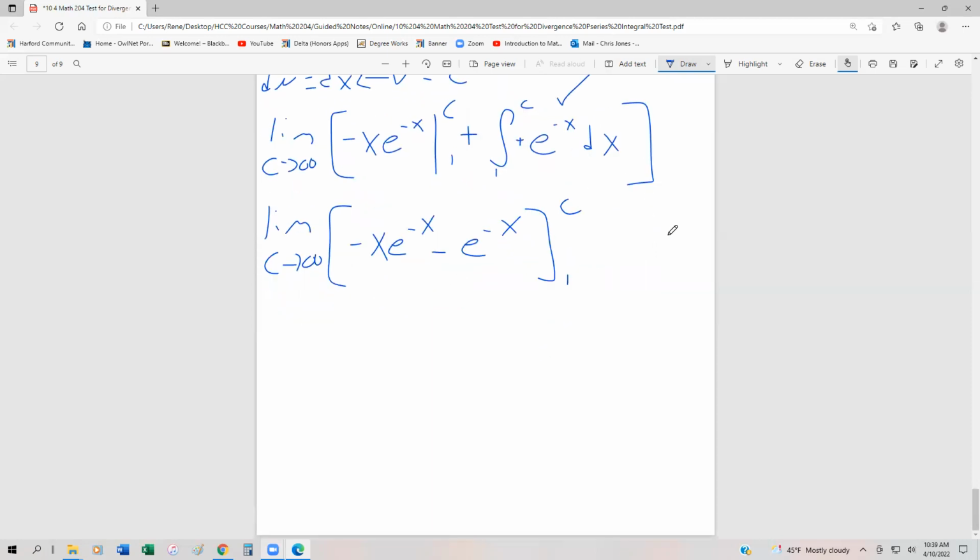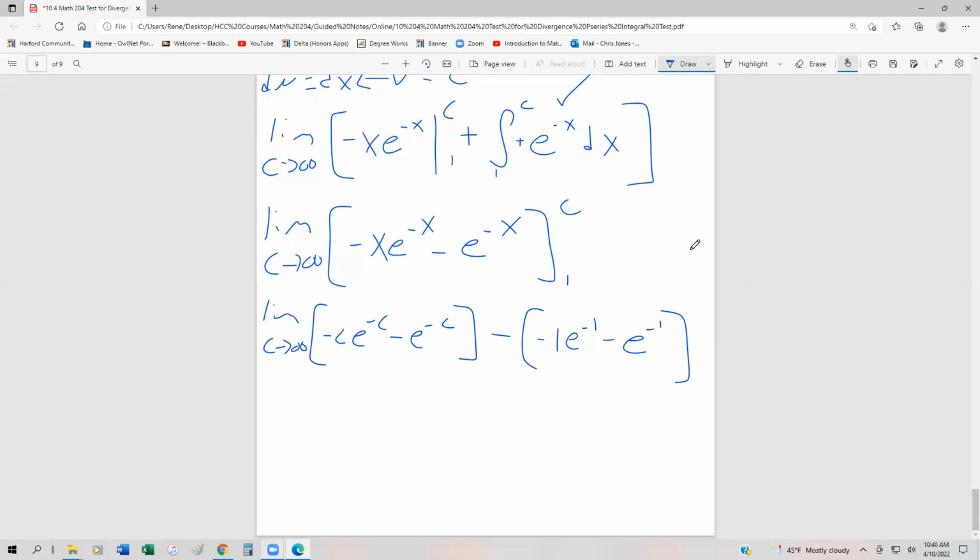So this is now the limit as c approaches infinity of minus c e to the minus c minus e to the minus c. And then I'm going to throw the 1 back in, so minus a negative 1 e to the minus 1 minus e to the minus 1.